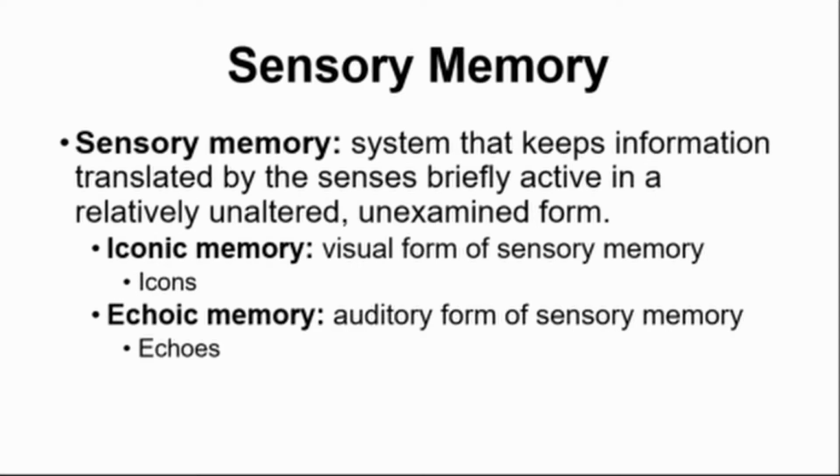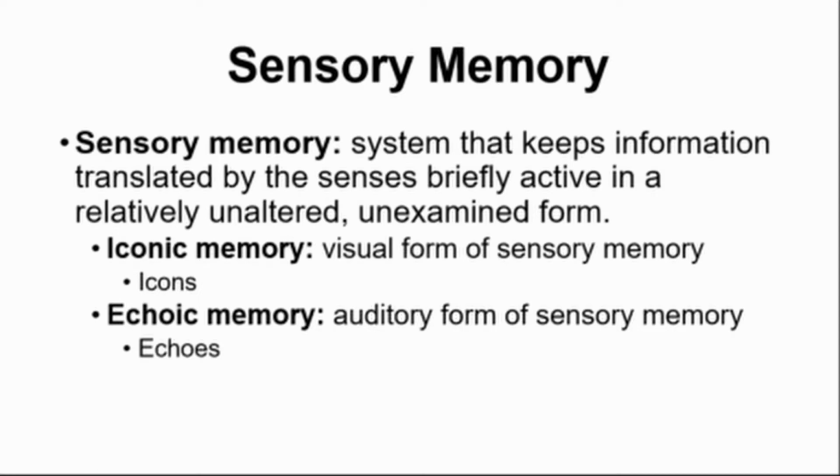But this is basically saying that when we're bringing information in from our environment, we aren't necessarily perceiving or paying attention to absolutely every stimulus that's coming in. We're hearing things in the background and we're filtering them out. We're ignoring them because they aren't relevant. Maybe we're feeling things that we don't need to be feeling, or smelling things that aren't relevant. So this is when we have that sensory memory.